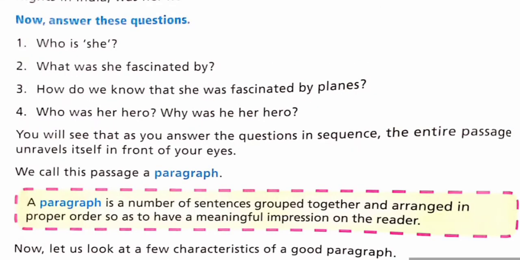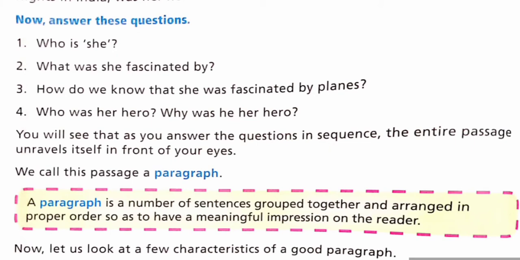Now, answer this question. Question number 1. Who is she? Question number 2. What was she fascinated by? Question number 3. How do we know that she was fascinated by planes? Question number 4.